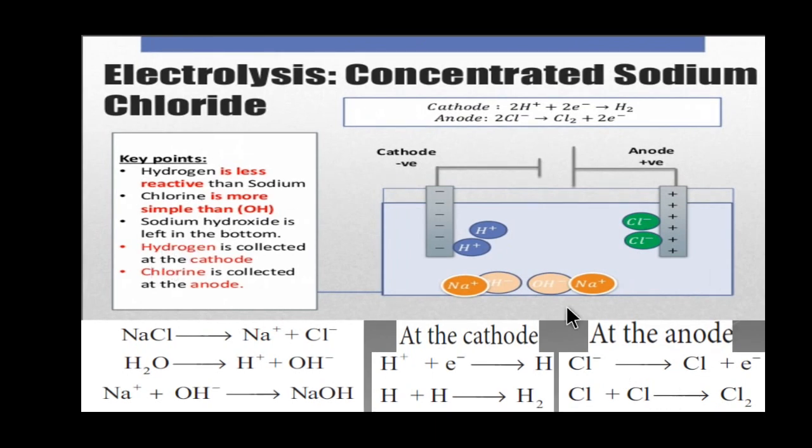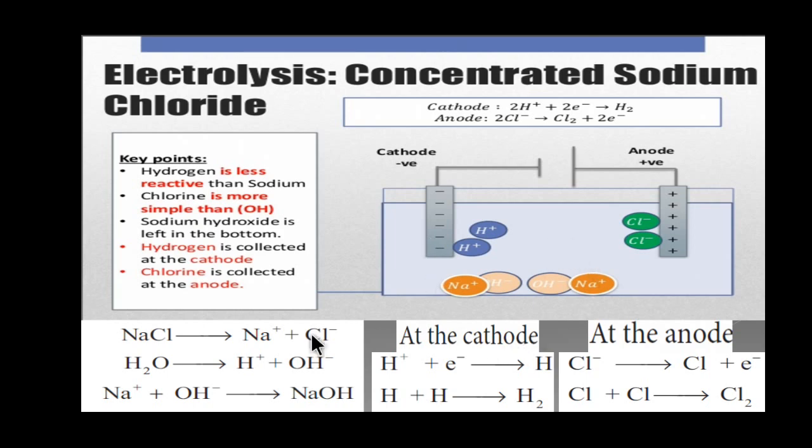In this process there is a cathode compartment and an anode compartment. The cathode compartment is negatively charged, the anode compartment is positively charged. Generally, the anode is responsible for oxidation, the cathode for reduction. Here hydrogen is less reactive than sodium, and chlorine is discharged more easily than OH, so that the sodium hydroxide is left at the bottom.